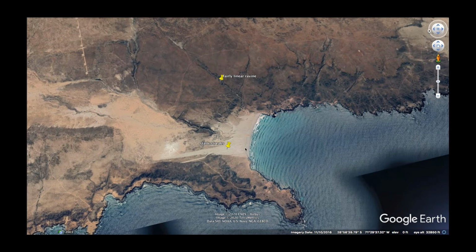Here's another example of just the straight streak marks going straight in from this coast. And then it's hard to see in this image. I don't know if I have a better one up, but this is another one of those fairly straight ravines that we've seen plenty of so far.